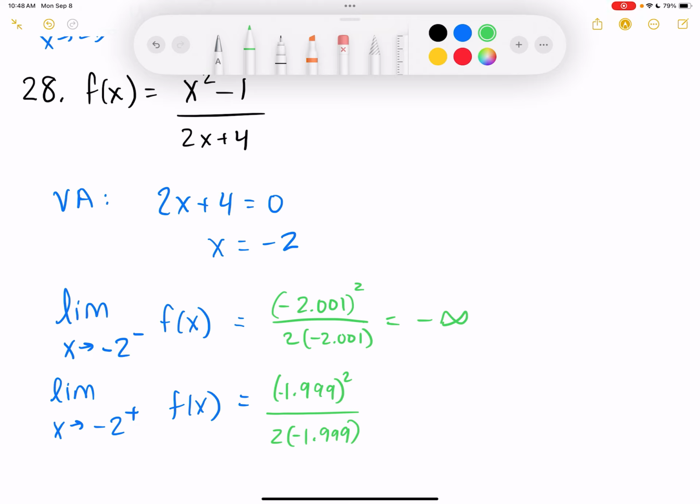What number is this? Hold on. I need to check that. So that ends up being something like 4 over, well, almost.